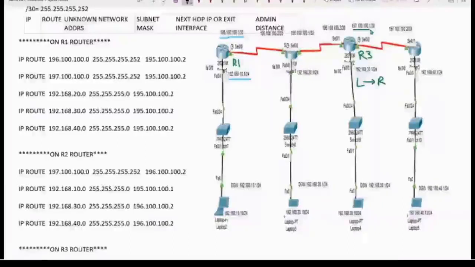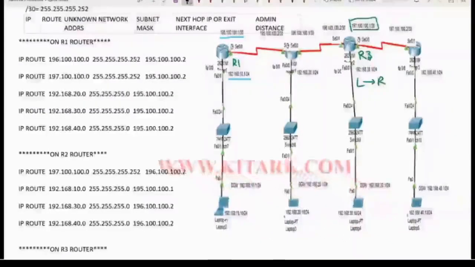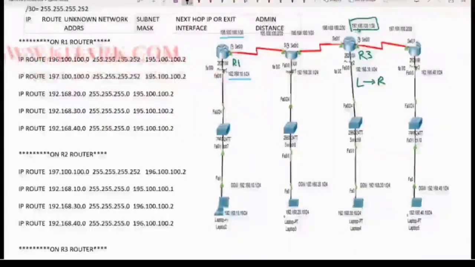So 197.100.100 is a known network, which means directly connected, 196.100.100 is a known network, which is directly connected, and 192.168.30. is a known network which is directly connected. So all these three networks you can omit in the static routing. You don't need to specify these for router R3.